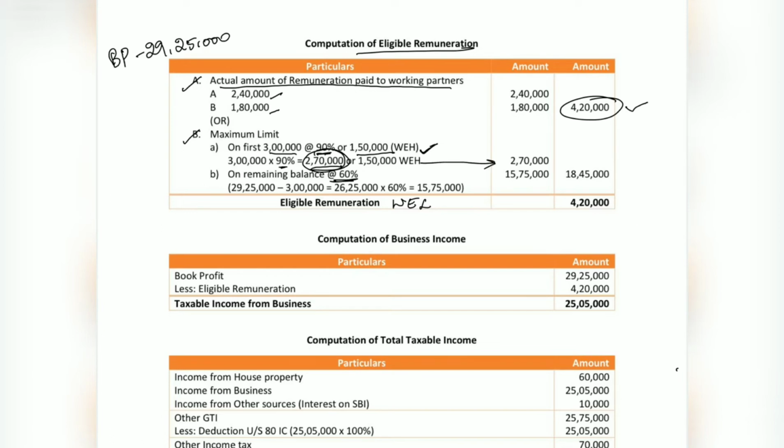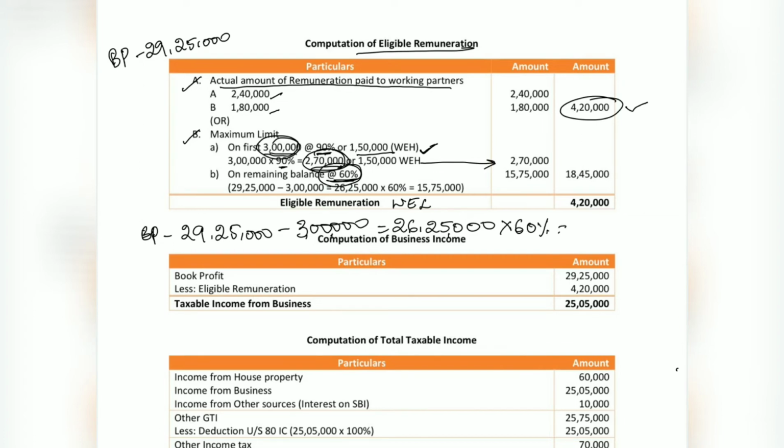On the remaining balance we calculate at the rate 60%. The total book profit is 29,25,000. We have considered 3 lakh already. If you deduct 3 lakh, the remaining balance is 26,25,000. On this you will calculate at the rate 60%.